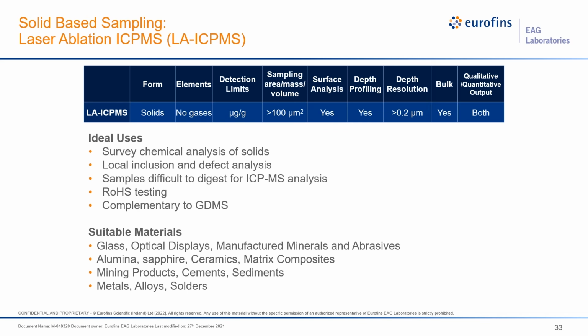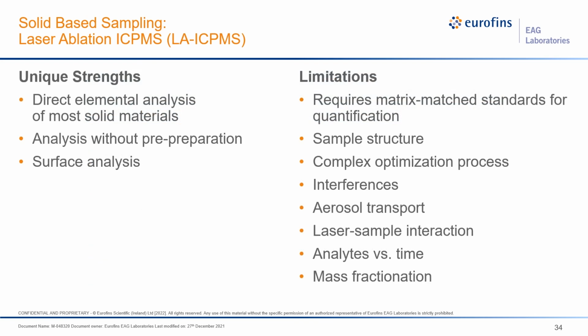It's excellent for RoHS testing, and the suitable materials that we can do laser ablation ICP-MS on, and we have reference materials for, include materials such as glasses, optical displays, manufactured minerals, abrasives, alumina, sapphire, ceramics, matrix composites, mining products, cement, sediments, rocks, for example, and then metals, alloys, and solders as well.